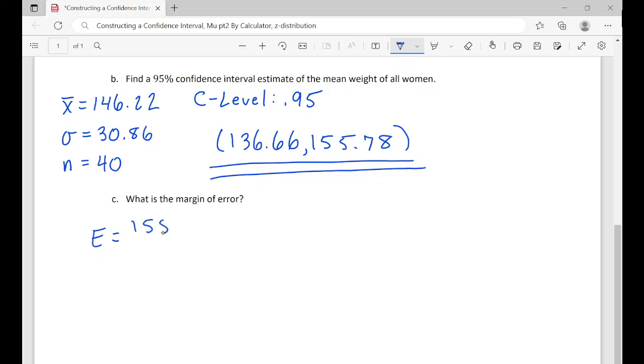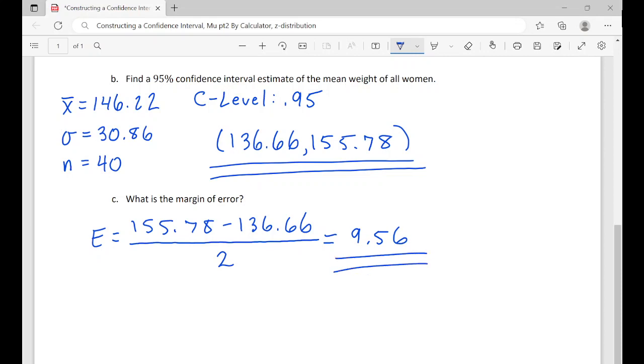So 155.78 minus 136.66 divided by 2. And just do the arithmetic, and we're going to get 9.56. So what is the margin of error? Using the formula or this little workaround with the confidence interval, you would get 9.56 to 2 decimal places.